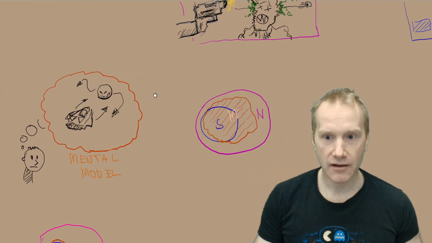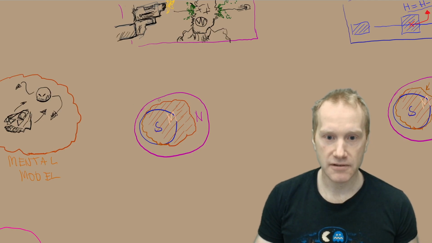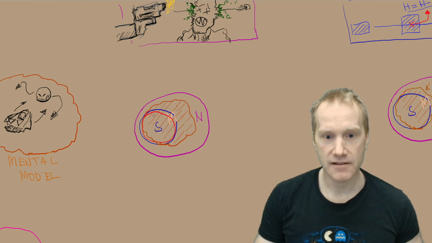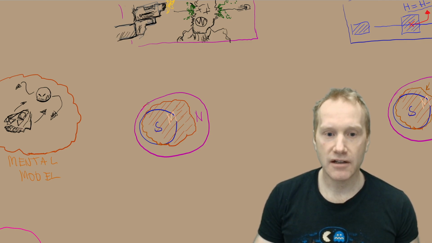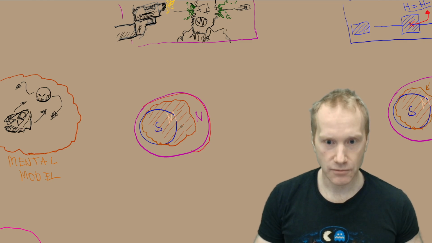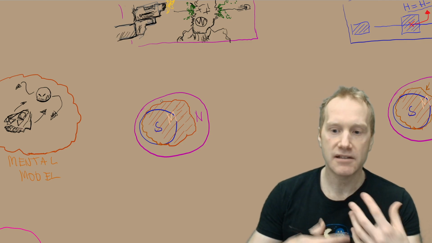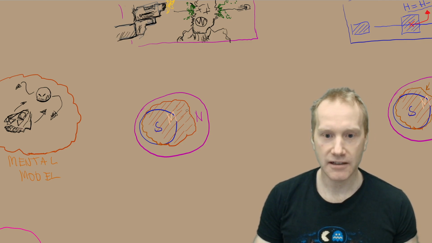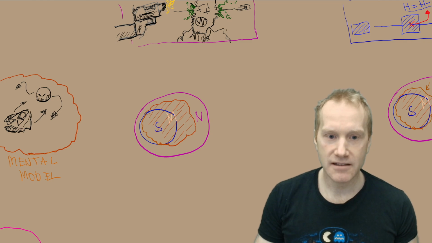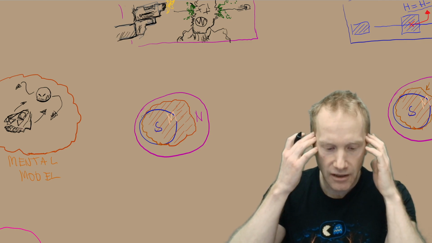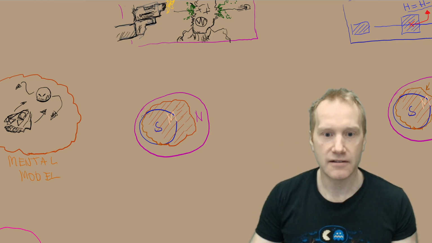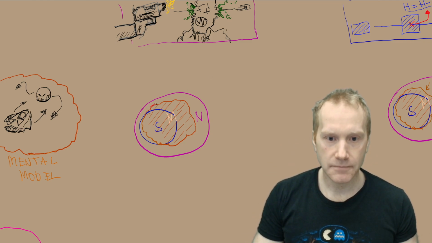So what you have is a diagram that looks like this. We have a system space here at the center, and then a narrative space that surrounds that. You have a mathematical object, we're calling that a spaceship, we're making that look like a spaceship. But then the player has this mental model, which is how they think about it all in their heads. And that overlaps a little bit.